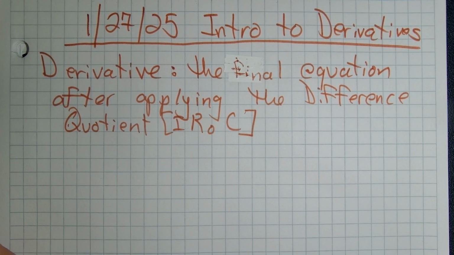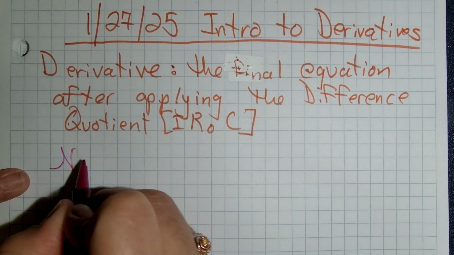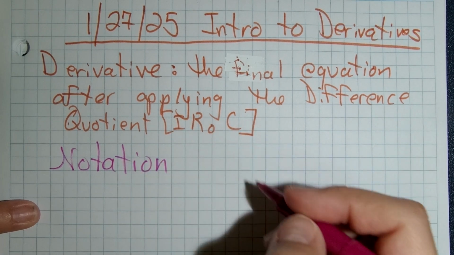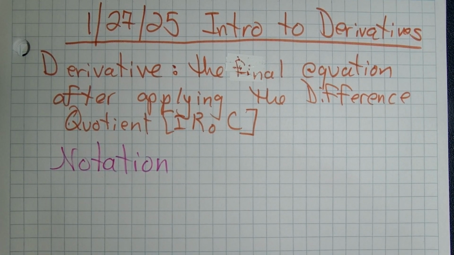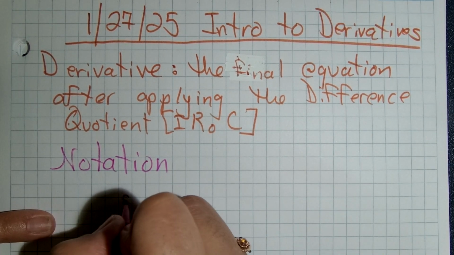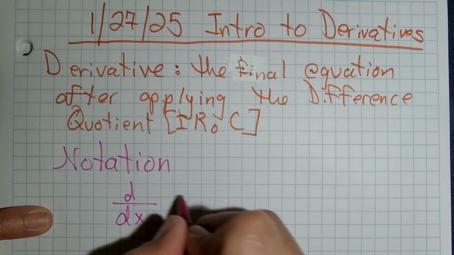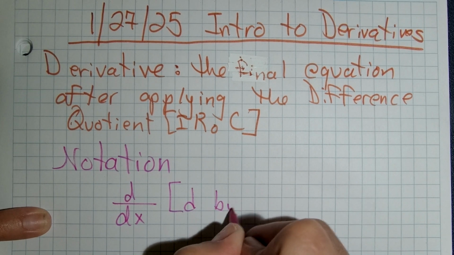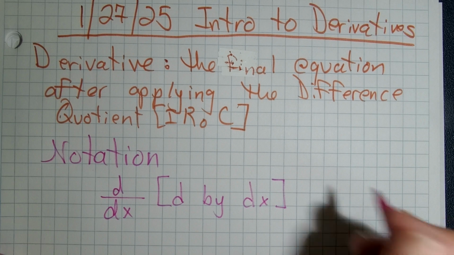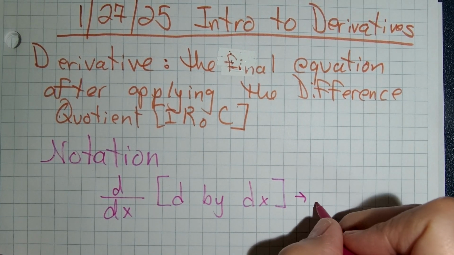Before I do that, though, let me give you some notation. The first notation we have is d dx. We say that's d by dx. This means to find the derivative.